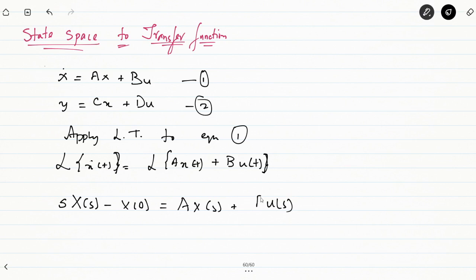Now, when we are trying to derive a transfer function of a system, we assume the initial conditions are 0. So that means x(0) will be substituted with 0. In other words, s times X(s) is equal to A X(s) plus B U(s).